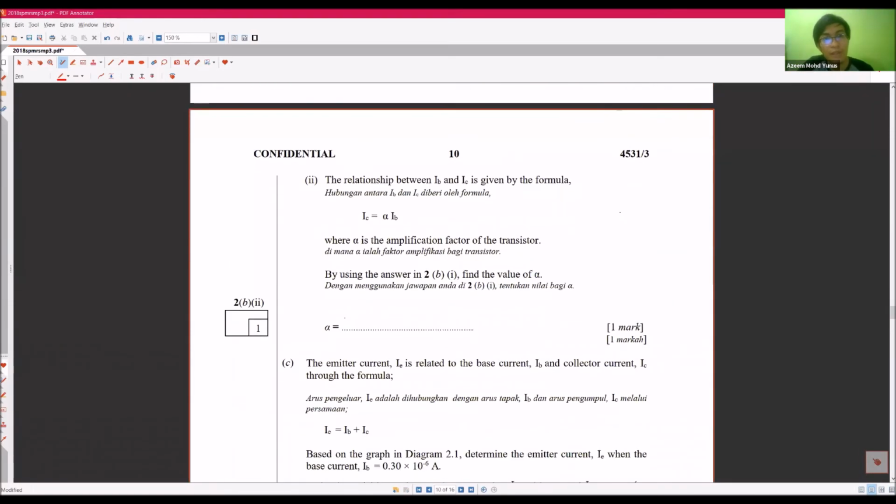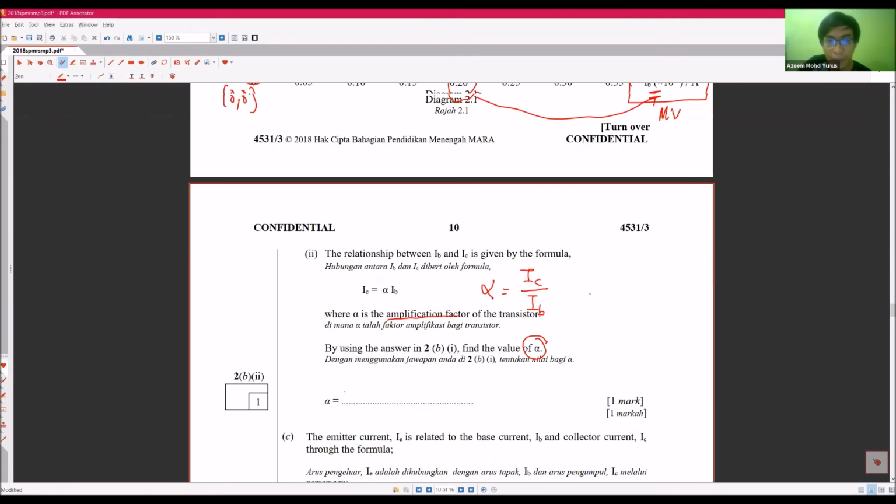Number 2 here, the relationship between IB and IC is given by the formula IC equal to alpha IB, where alpha is the amplification factor of the transistor. By using the answer in 2B1, find the value of alpha. So alpha is actually, if you rearrange the formula, IC over IB.